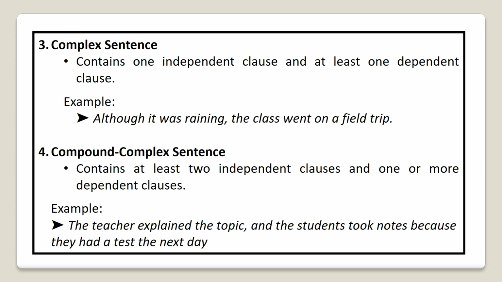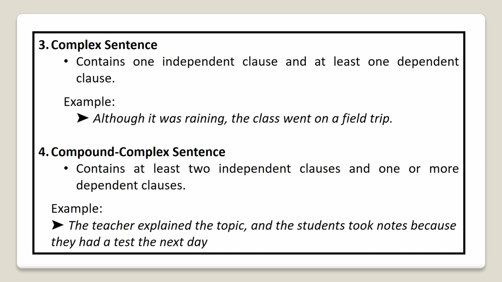Another sentence structure, the more complex one, is an amalgamation called the compound-complex sentence. Here the compound components followed by the complex sentence components are all involved.